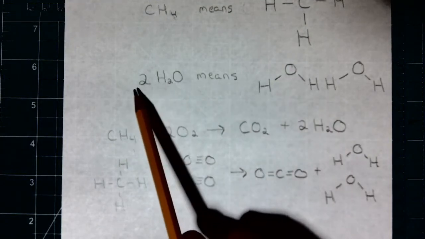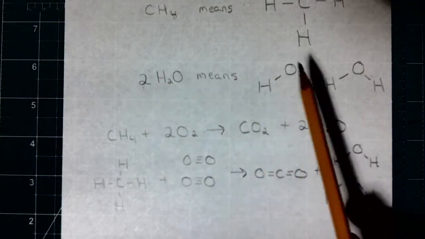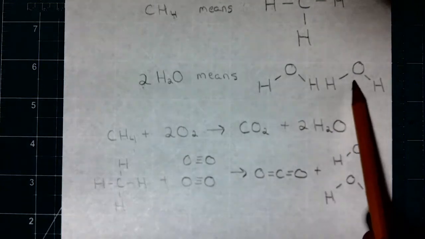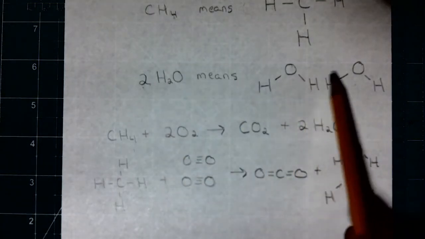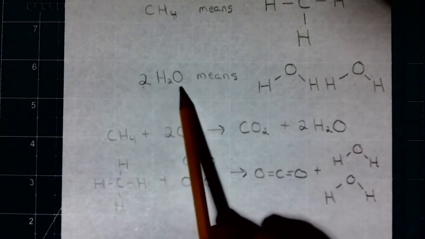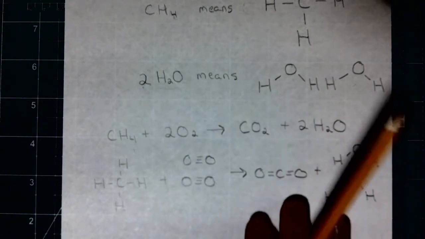But when I write this coefficient out in front of it, 2, that means I have 2 of these different molecules. So this is telling me how many of the molecules I have. This is giving me an indication of how they're bound together. What is a single unit that is all bound together?